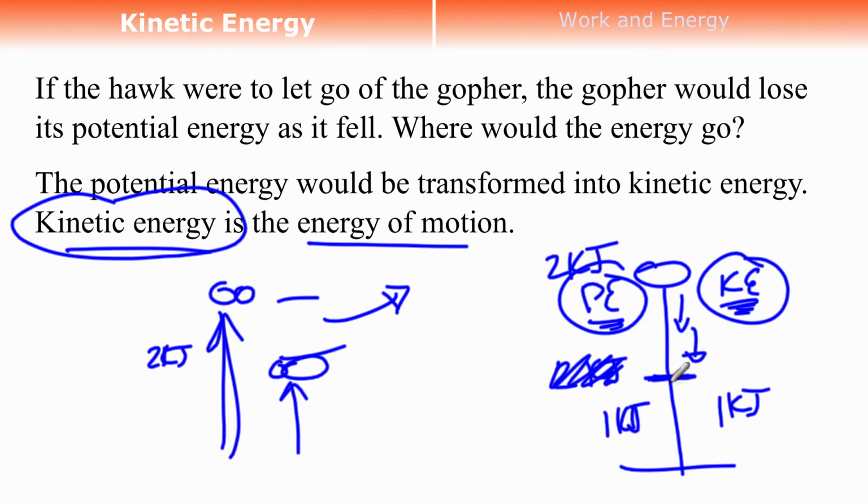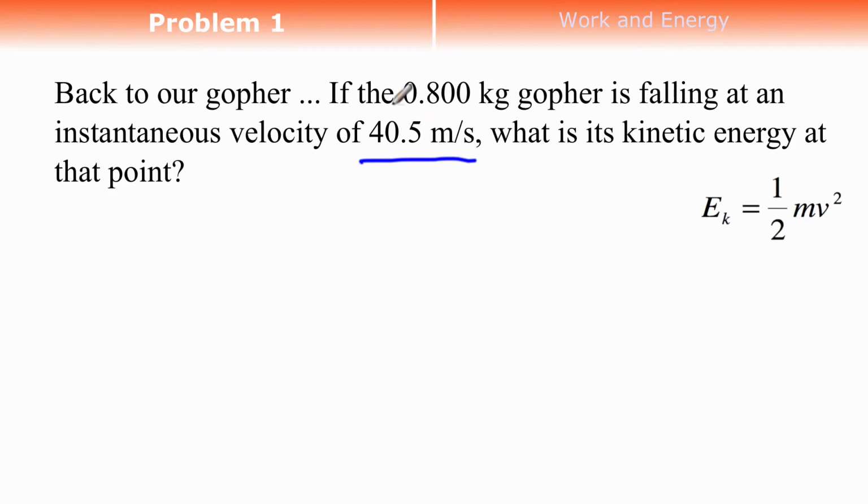Until maybe it reaches terminal velocity or whatever. But it should get going faster and faster. So we're just going to say at a moment in time, what is its kinetic energy? When it's going 40.5 meters per second. That would be going real fast, actually.